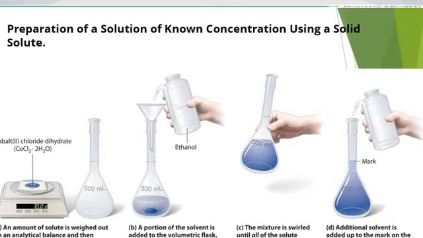We transfer the cobalt chloride into the flask, and then we take the solvent in small amount and slowly add it into the volumetric flask. In this case the solvent is ethanol.